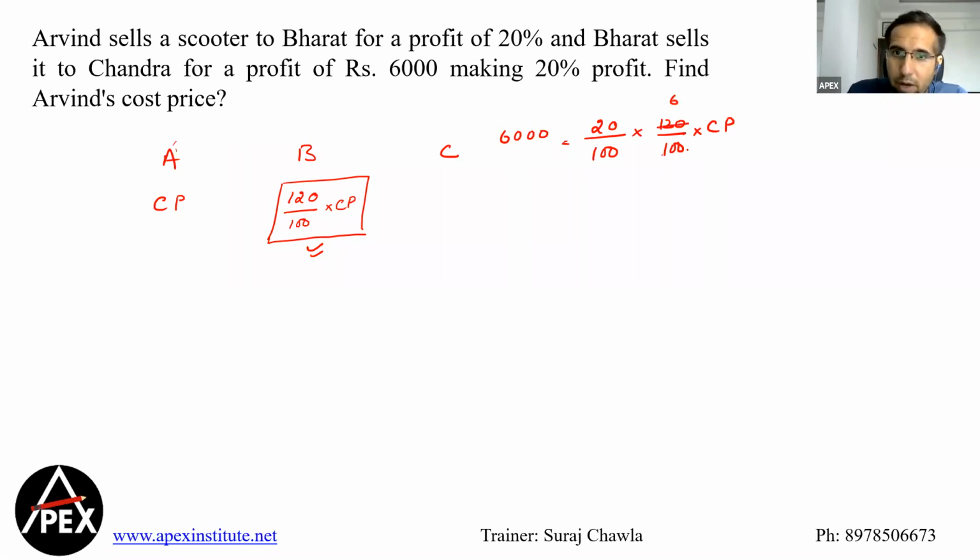So this is 6 by 5. 6 ones are 6,000. 20 ones are 20 50s. So therefore, the actual cost price is equal to 2,500.